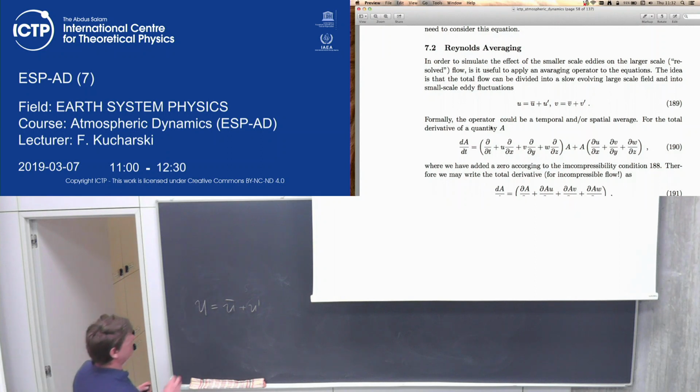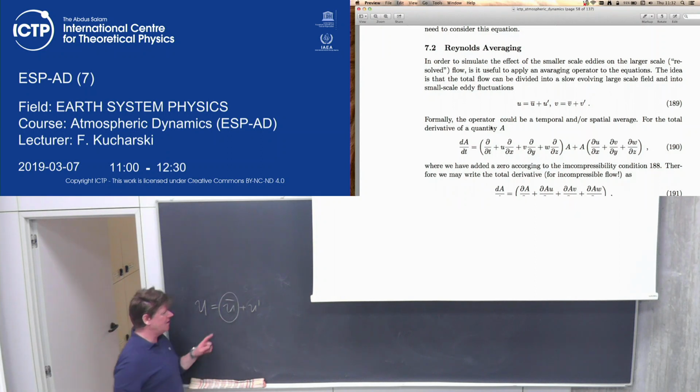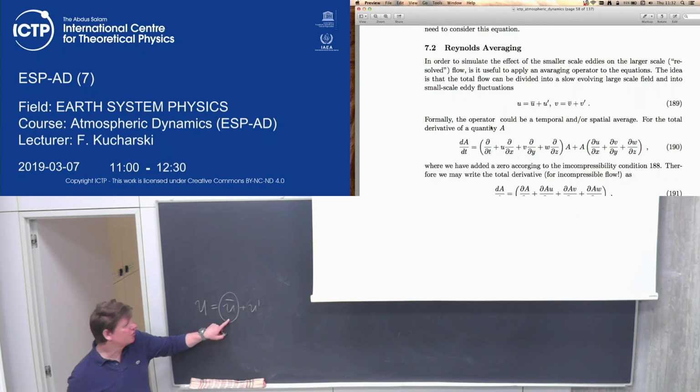The only idea is that this is what we can either measure or model. So this could be a model resolved by a model grid box. This is our U bar, for which we have the result in a discretized version of our boundary layer flow. This is what we calculate.